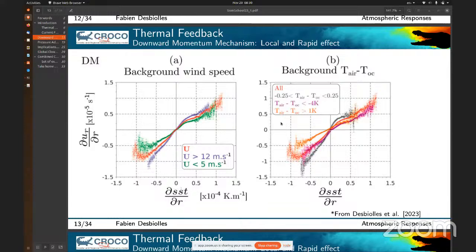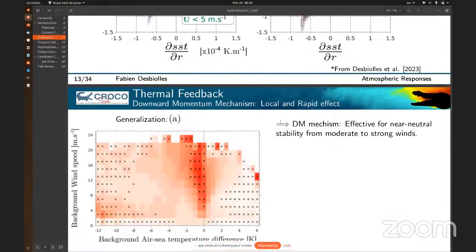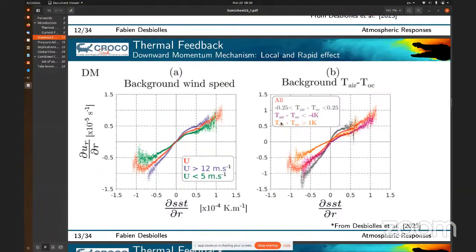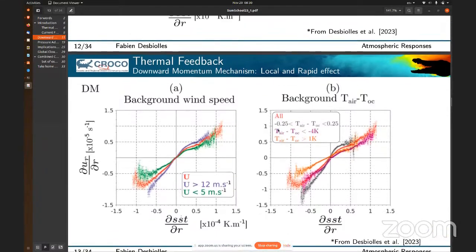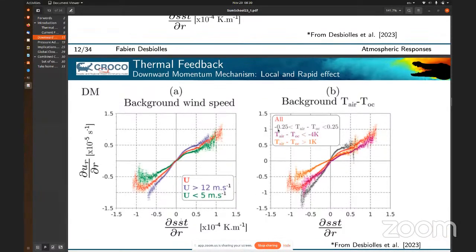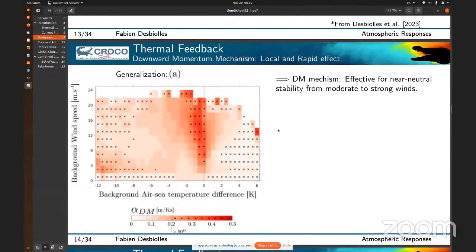We can actually generalize that plot. How can we do that? We assume that this is a linear relationship and our hypothesis is right. So we can just calculate this alpha, which is the slope, as a function of two main environmental conditions, which are the background wind speed and the difference between the temperature of air and ocean.